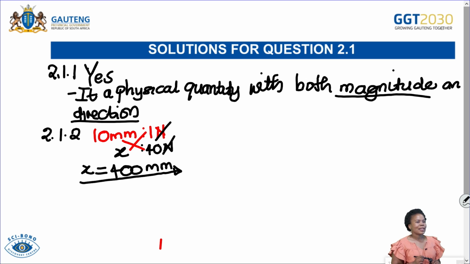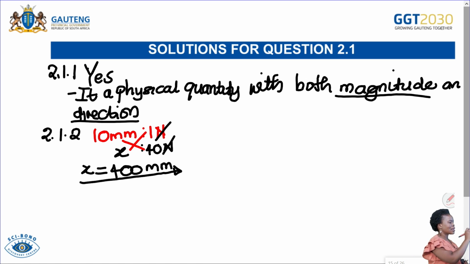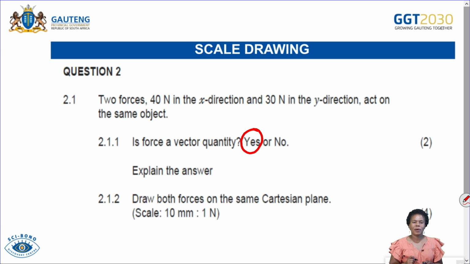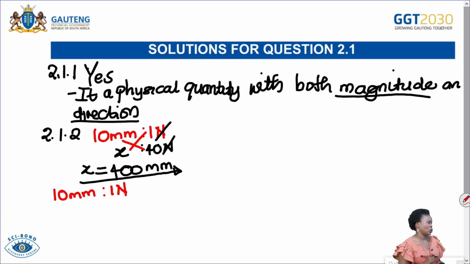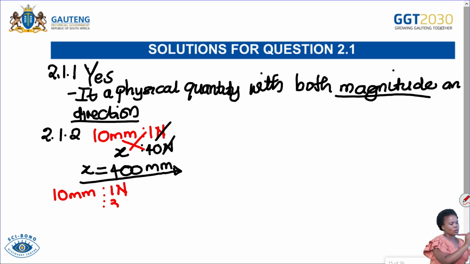Okay, and then I go to the second one, still doing the same thing. I take my scale: 10 millimeters is to 1 newton, and on the second force, just to go back a little bit, I'm given 30 newtons in the y direction. Newtons I can't put next to the millimeters, but I need to put next to other newtons.